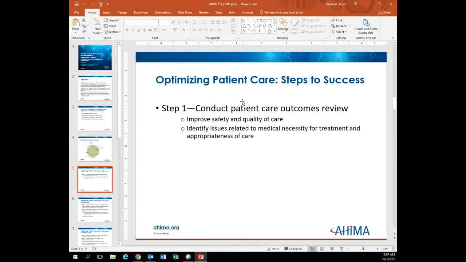Another step would be evaluate the organization's standards of care and care pathways. It says for a healthcare organization to define optimal care, it must first establish a set of clinical decisions and actions taken by clinicians and other representatives of healthcare organizations in accordance with state and federal laws, regulations, and guidelines.